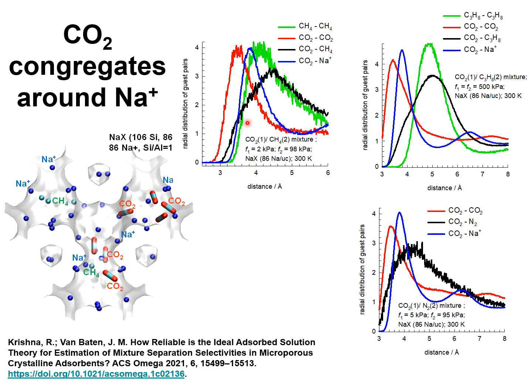The black line shows the distance of separation between the guest adsorbates CO2 and methane, and this is significantly higher. For example, the maximum occurs at 4.5 angstrom compared to 3.2 angstrom for the CO2-CO2 pair.